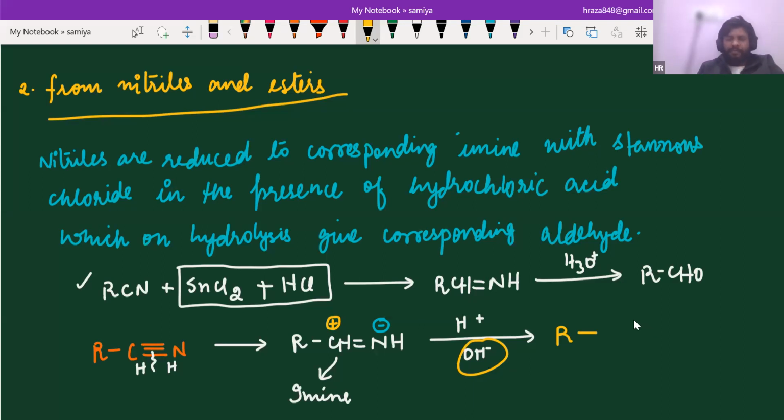Please do write it. And this reaction is known as the Stephen reaction.